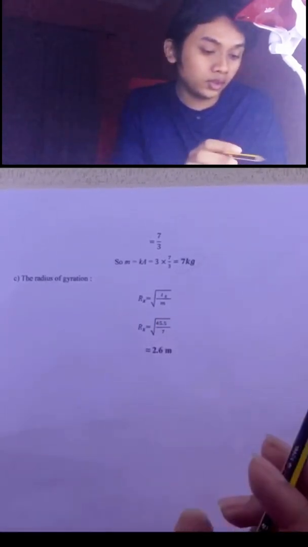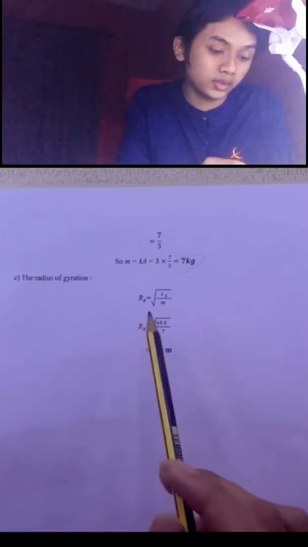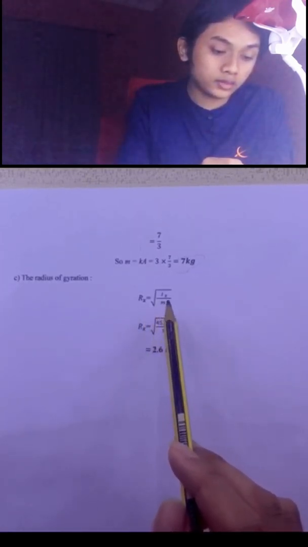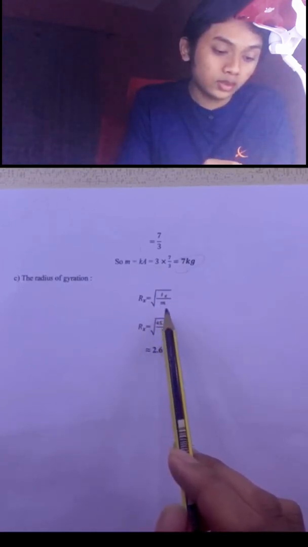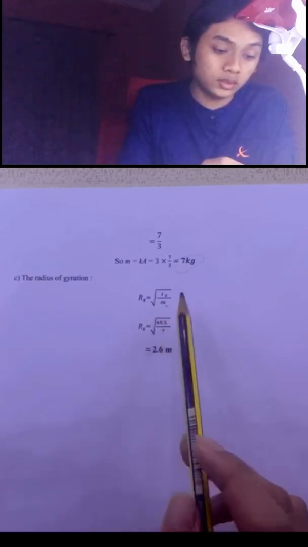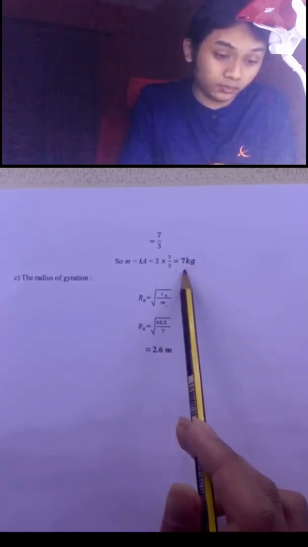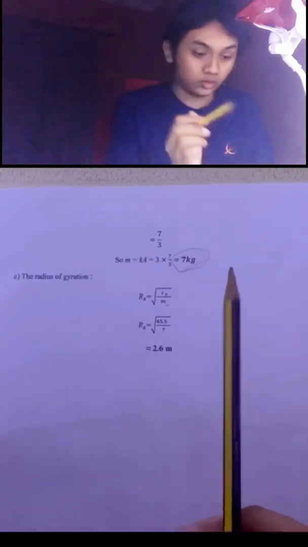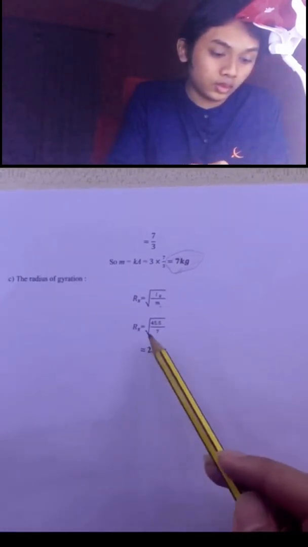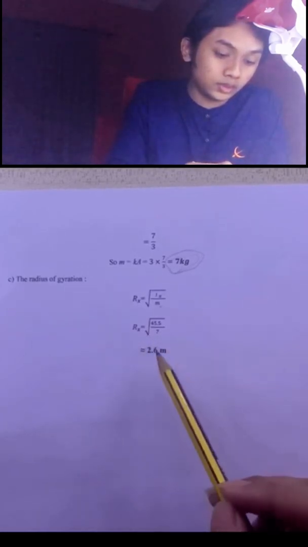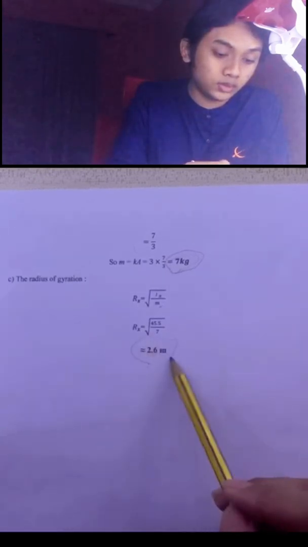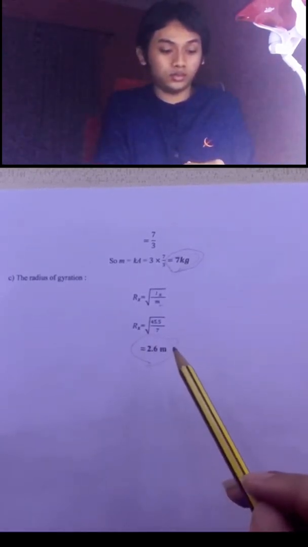So the formula of radius of gyration is Rx equal to square root of Ix over m, where Ix is inertia and m is the mass. So we substitute the value and we get the radius of gyration, which is 2.6 meter.